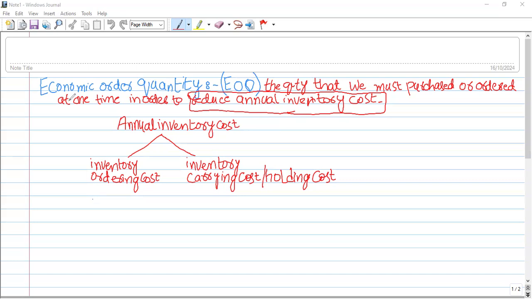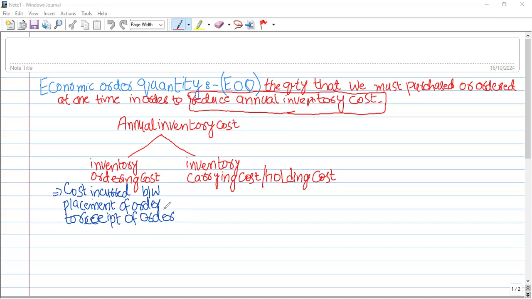So if we define the ordering cost, we say the cost incurred between placement of order to receipt of order is known as inventory ordering cost.